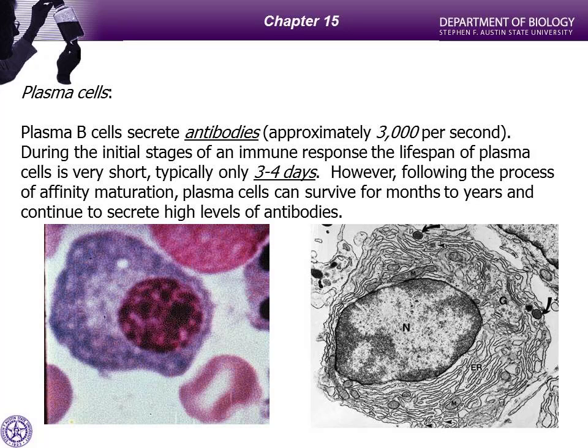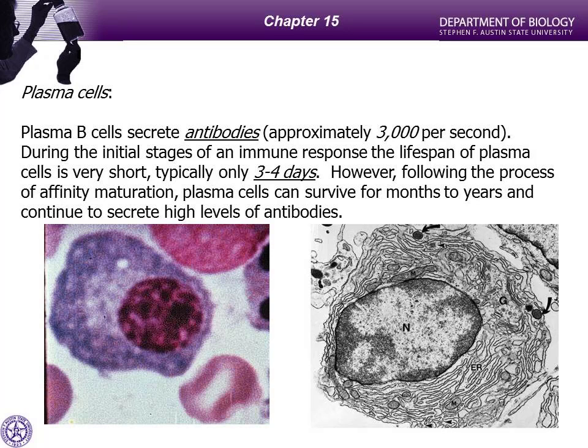Now, you can't eventually get antibodies without the B cells, so I'm being a little ticky-tacky here, but I want you to be precise. B cells, when they start dividing, become plasma cells, and it's the plasma cells that are the antibody factories that can produce maybe upwards of 3,000 antibodies, which are proteins, per second.